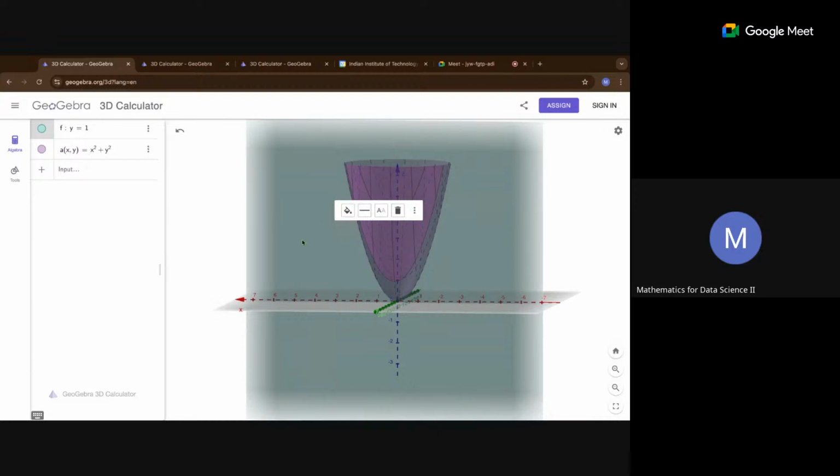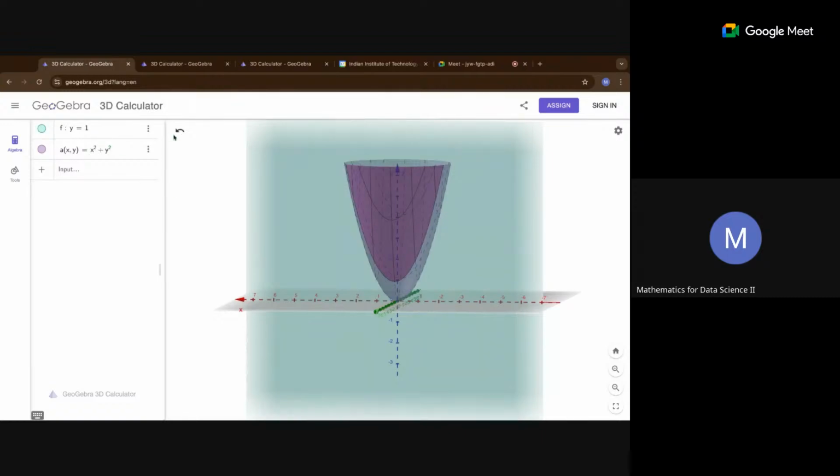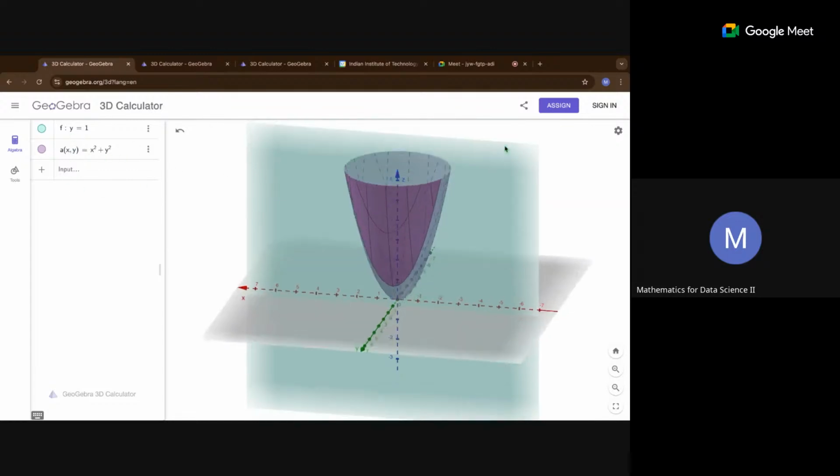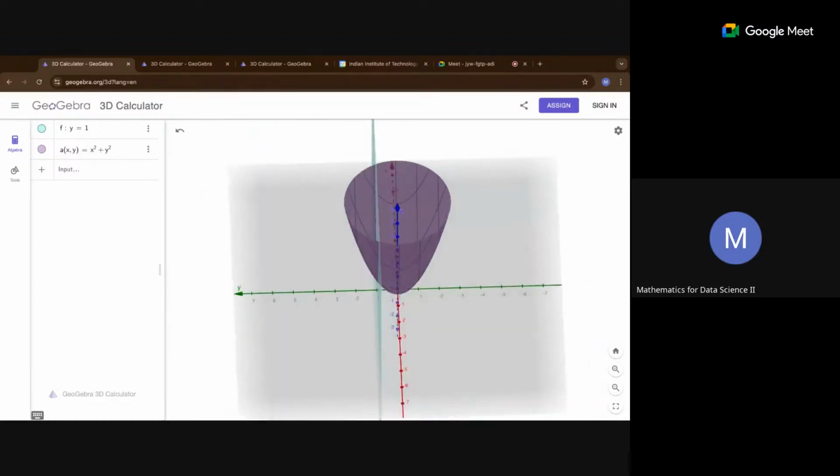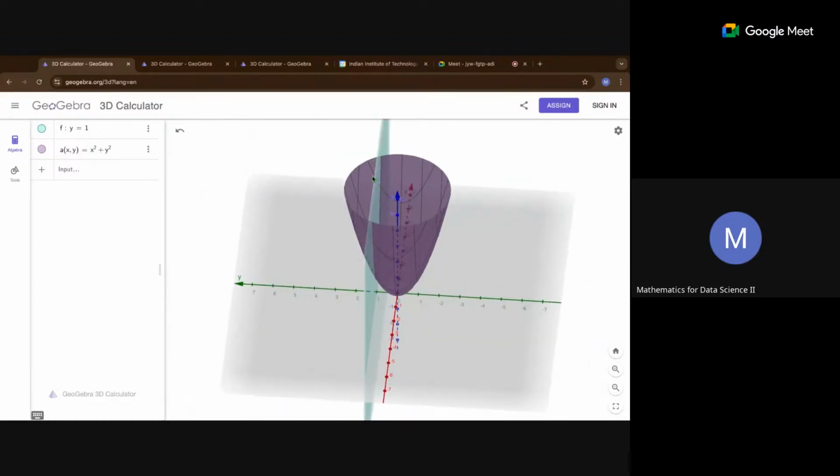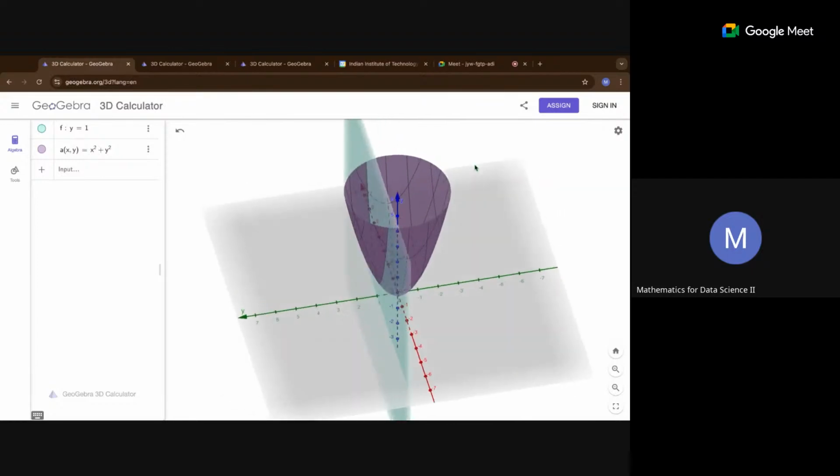So you see that we have a GeoGebra graph here. I have taken y is equal to 1 and the function x square plus y square. You have this kind of shape, that is your x square plus y square, and this y is equal to 1 is your plane. Now where is y is equal to 1 cutting this surface? Let us see how it looks.